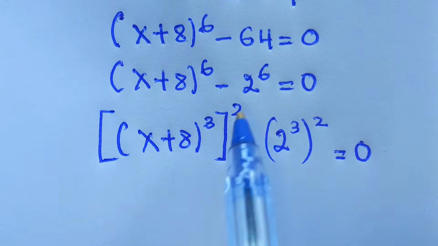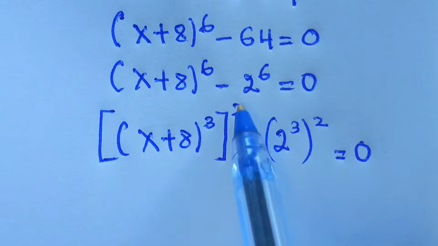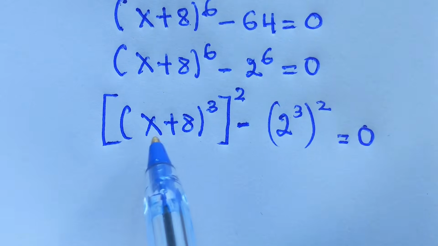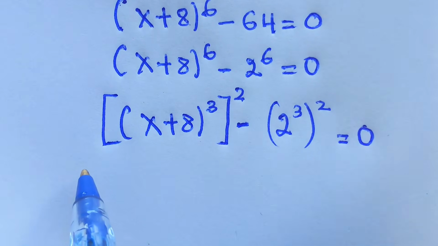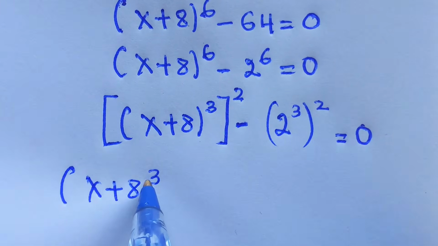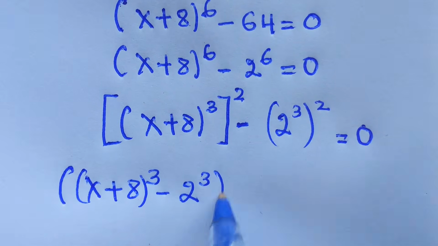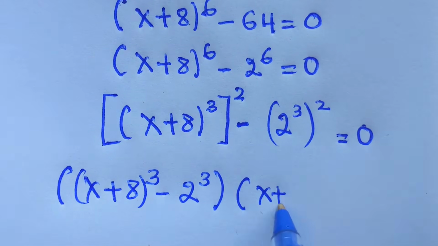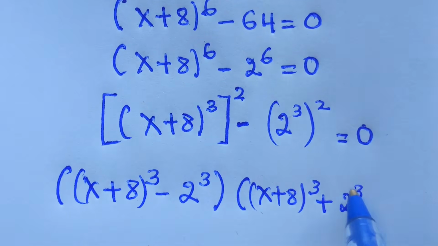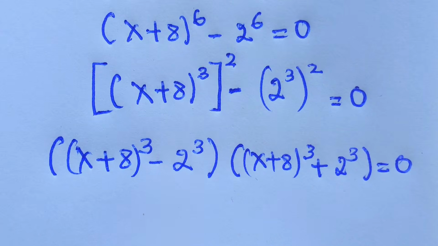This is a difference of two squares, so we get ((x + 8)^3 - 2^3) times ((x + 8)^3 + 2^3) equals 0.